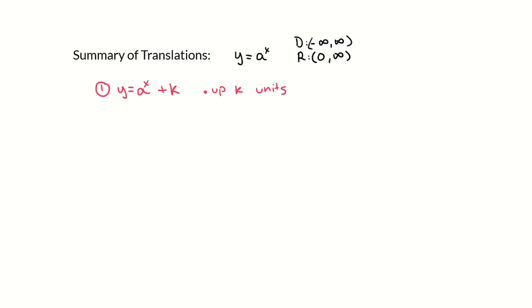The domain will stay the same, negative infinity to infinity, but it will change the range to k, comma infinity.